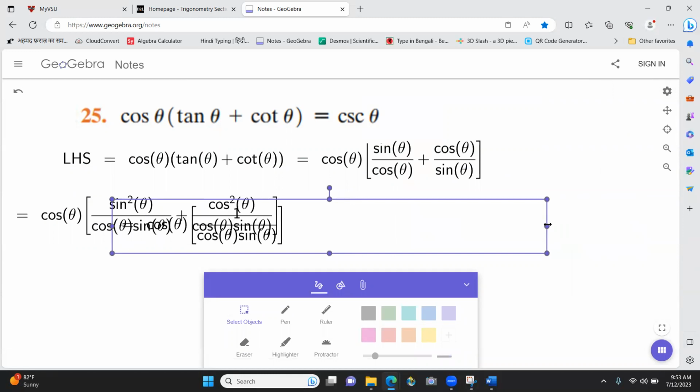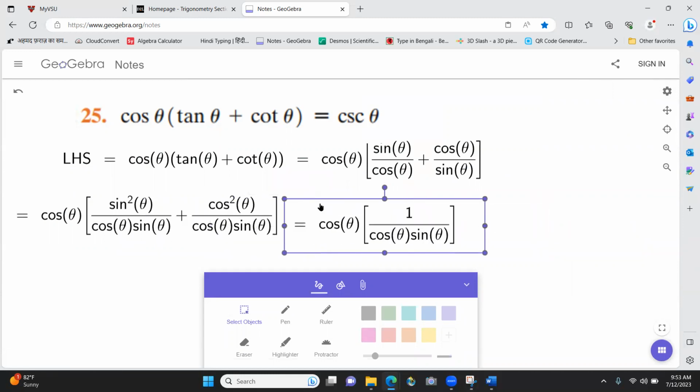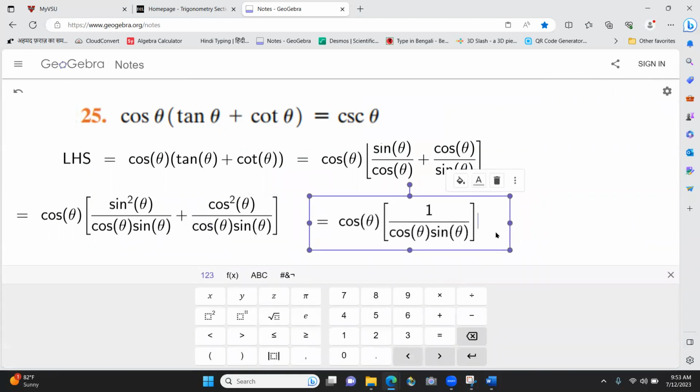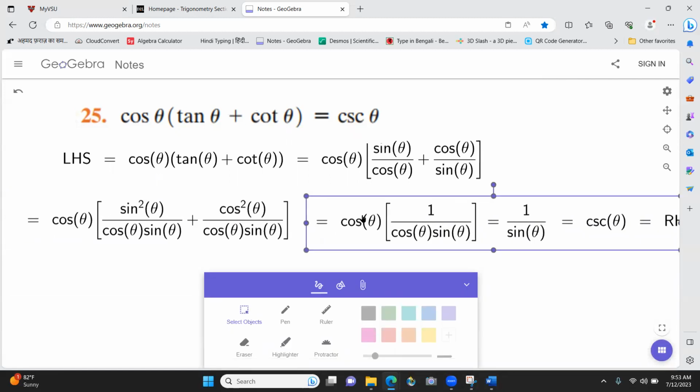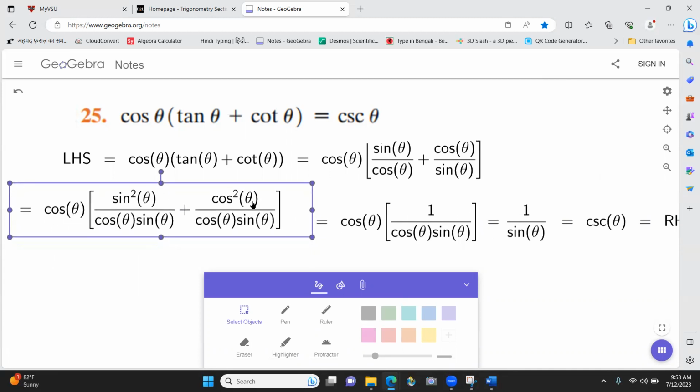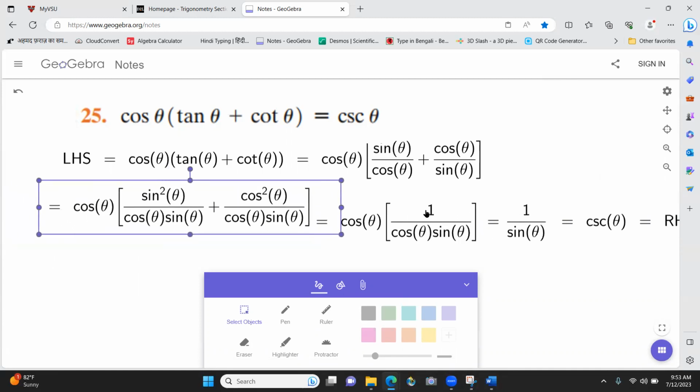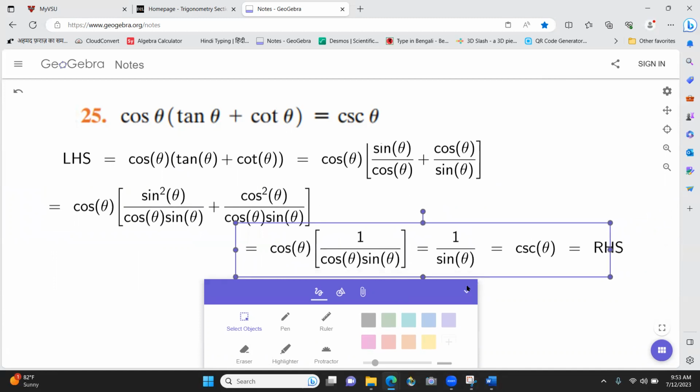You are left with cosecant theta, but we'll do a little bit of work. So if I cancel this cosine theta and this cosine theta, I'm left with 1 over sine theta. And that is cosecant theta because that's the reciprocal. And that is the right-hand side. And I just proved it. You had to do a little bit of work on this one. I'll let you process it and think about it, whatever works for you, okay?